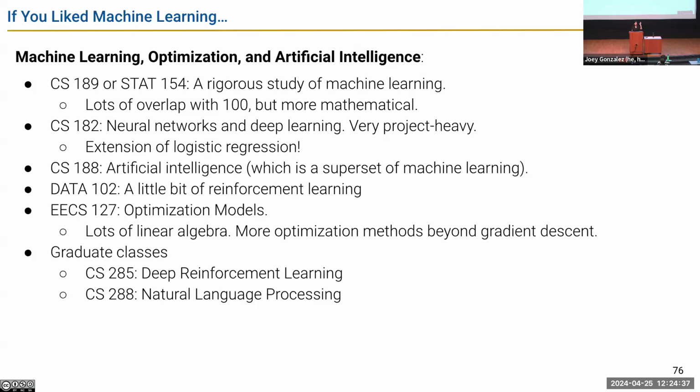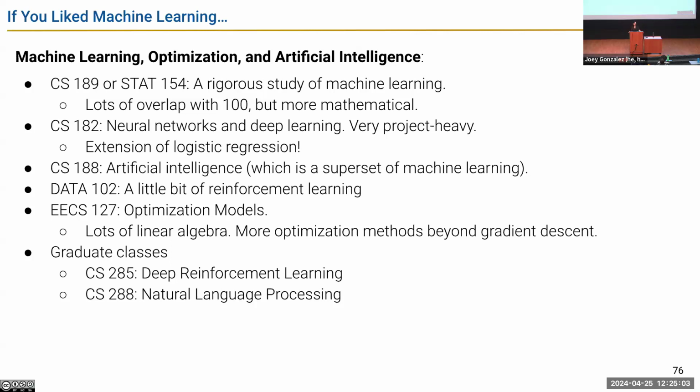If you just want to take one general course, 188 is a really good course for you to take. I said 102 is a natural course also after Data 100. It's a little bit math heavy because it goes over causal inference. It has the statistics, but it also has neural networks as well. So if that's the only thing that you want to get, 102 might also be a good option.